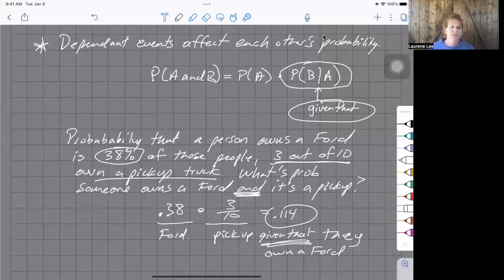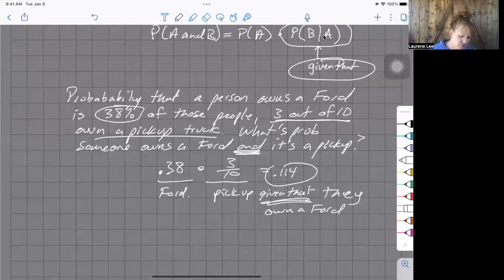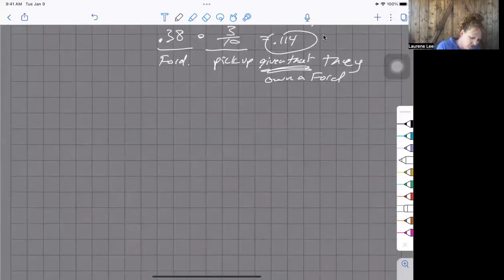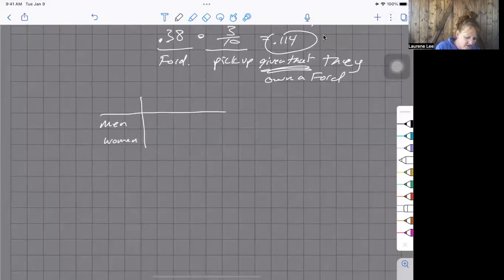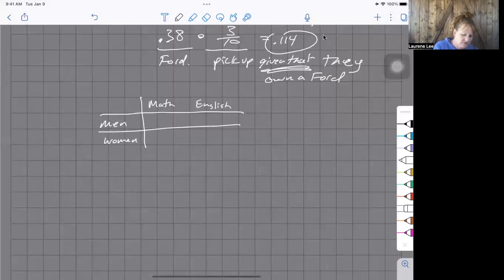Okay. The other way that I can throw problems at you is in chart form. So let's say we're looking at men and women, and we're looking at some degrees that people are majoring in college. Let's say some people are majoring in math and some people are majoring in English. And let's not make this too complicated. Let's just say some people are majoring in business.